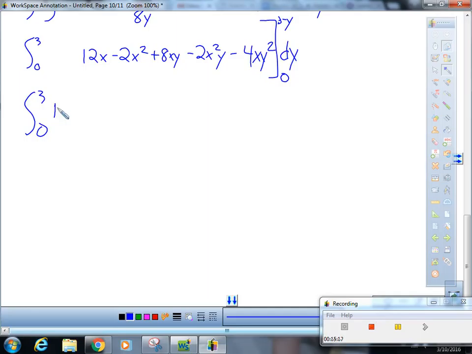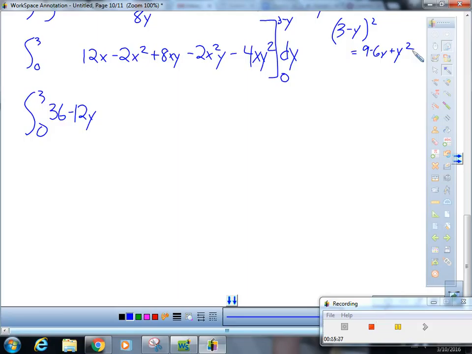12 times 3 minus y, I think I'm going to write it out. So that's 36 minus 12y, right? Minus 2x squared. Well, 3 minus y squared is 9 minus 6y plus y squared, right?